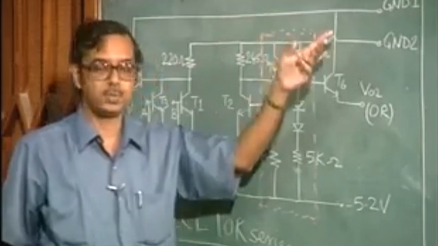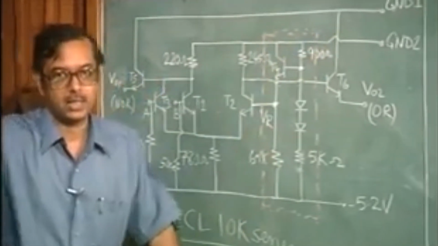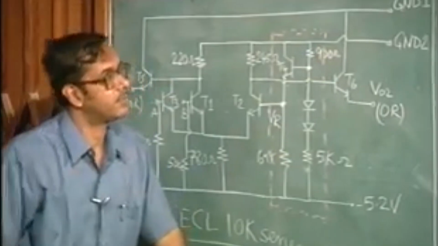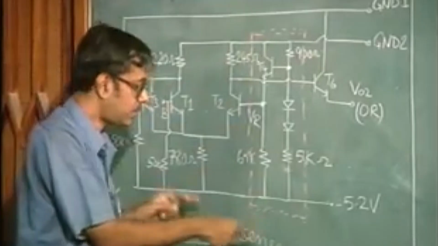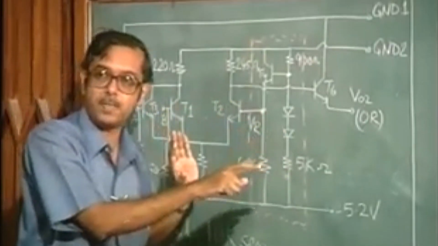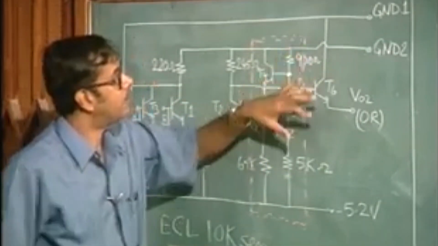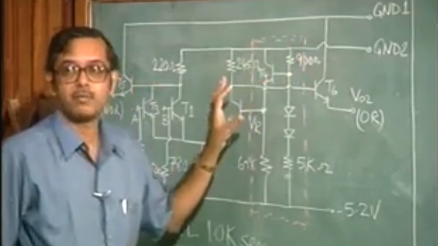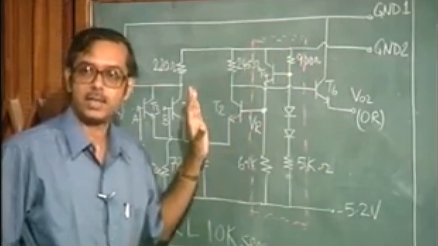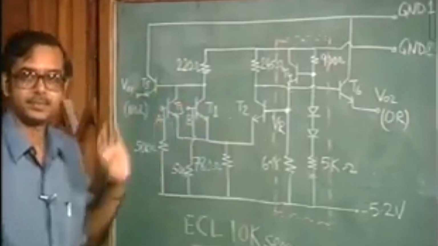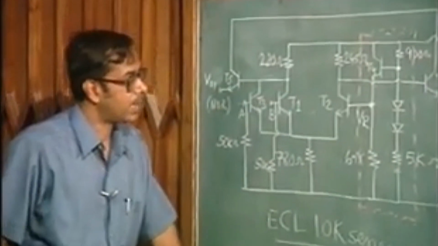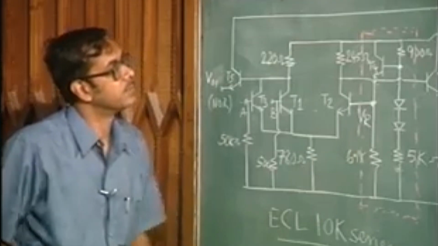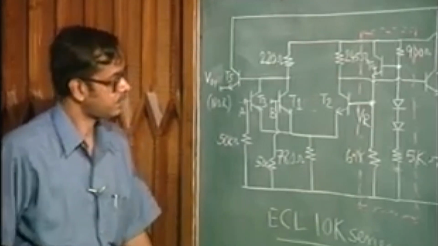They may be connected finally at the system level, but at this stage they are separated out, to protect this part of the circuit from any noise, which may give rise to glitches in the logic. So, that is the other thing, ground 1 and ground 2.